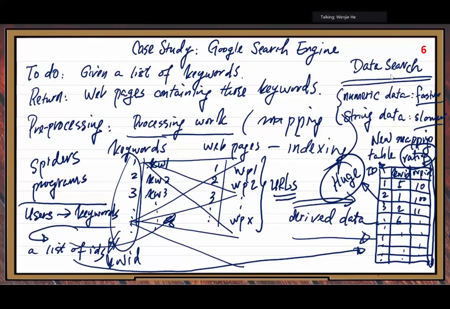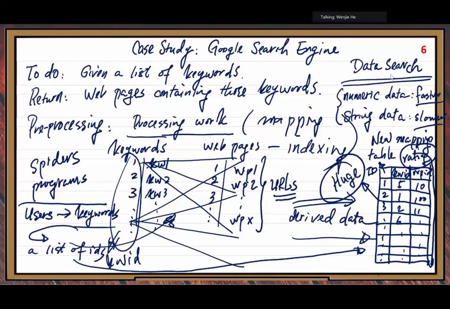Those two founders, when they did their PhD dissertation at Stanford, came up with this rating algorithm: rating based on the links from other pages.